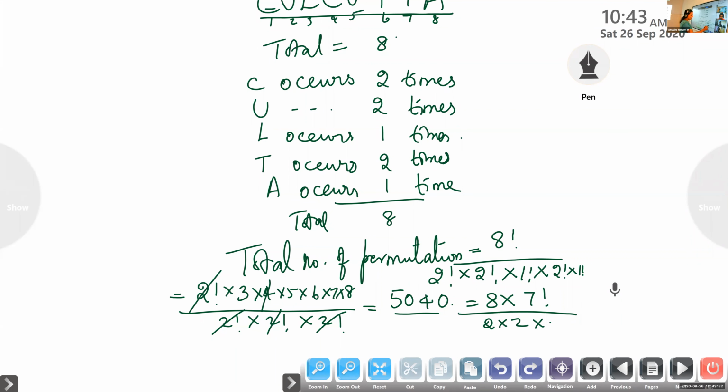So this 2 will get cancelled. So it is the same as 7 factorial. We know the value up to 5 factorial, 120. Multiply that, you will get the answer. So the answer is 5040. Good, Achut.